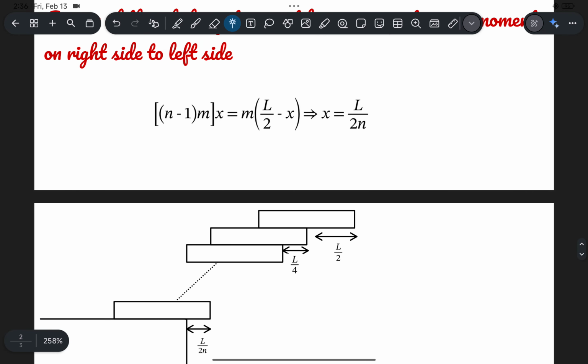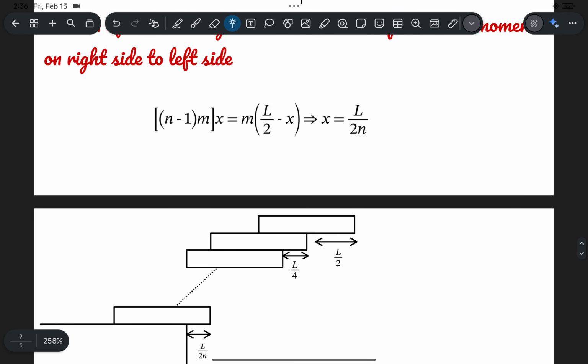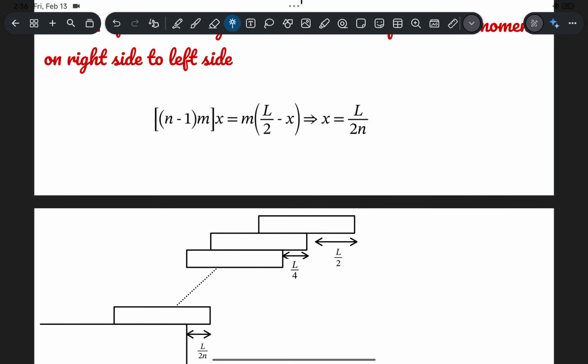After getting that, this is the overhang that you'll have for the nth block if you have n blocks, the bottommost one. Now, if you don't have anything else, let's say the first one, n equal to 1, what should be the overhang? L by 2. For n equal to 2, this one will be L by 4, substitute 2 here. Next one, L by 6, and so on, L by 8.